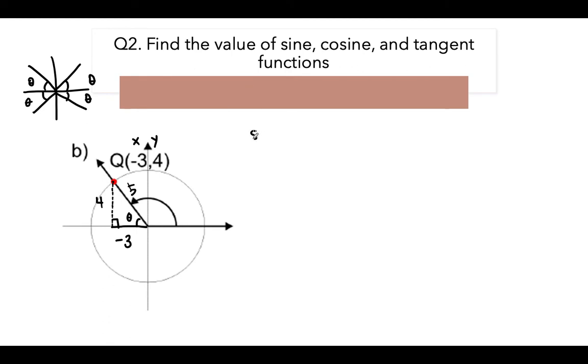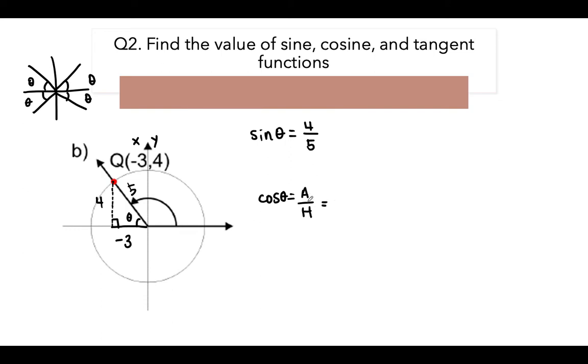Again, we're going to write sine theta is equal to opposite over hypotenuse. So in this case, opposite is going to be 4 and hypotenuse is 5. So 4 over 5. Cosine, on the other hand, is adjacent over hypotenuse.